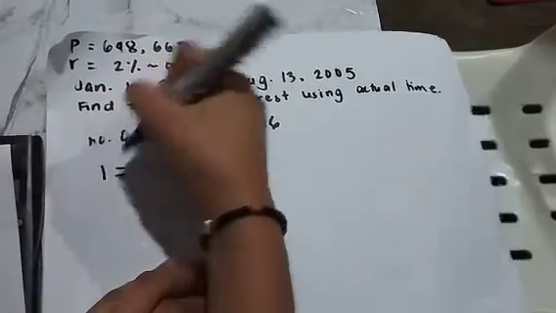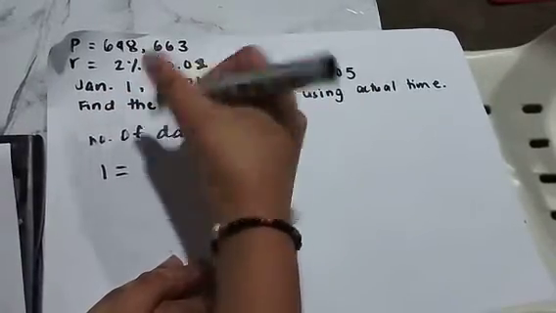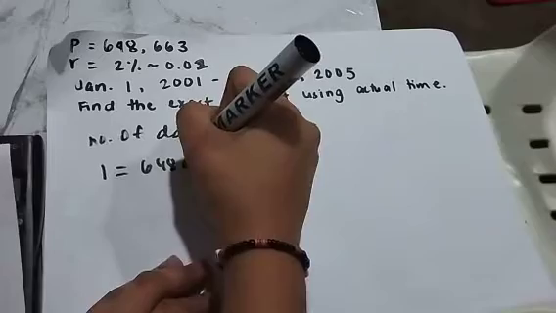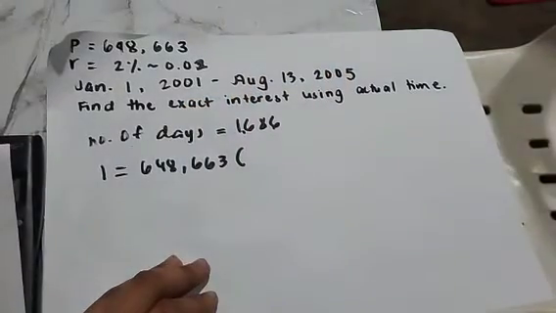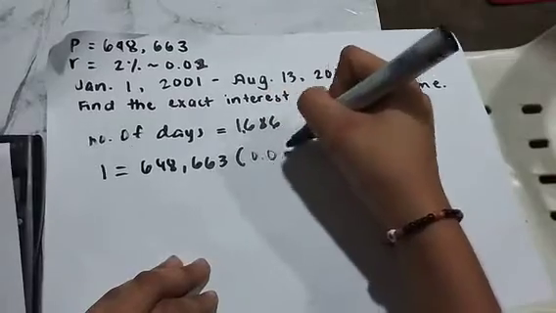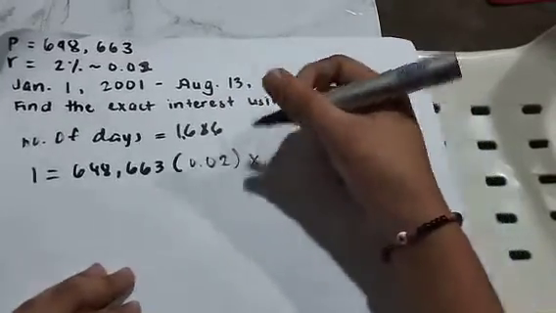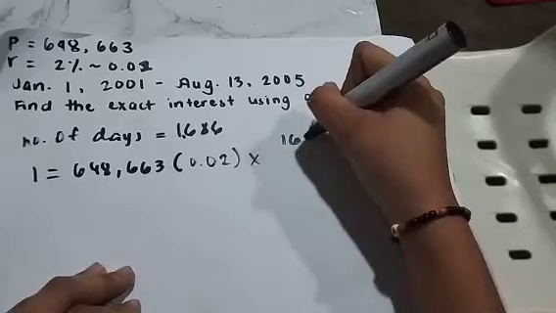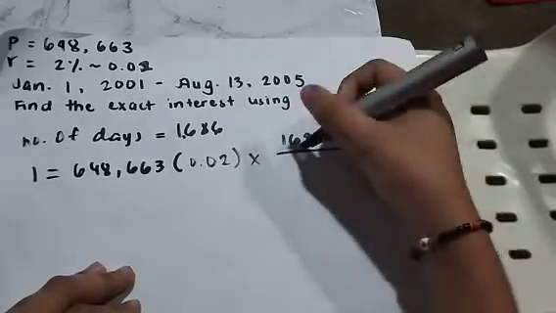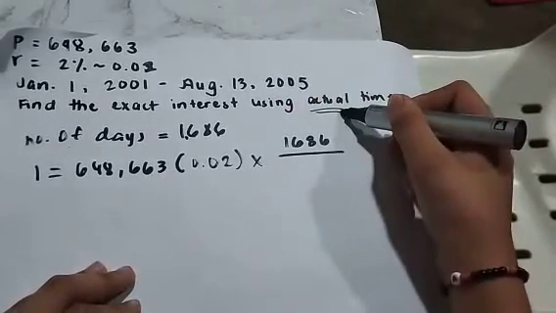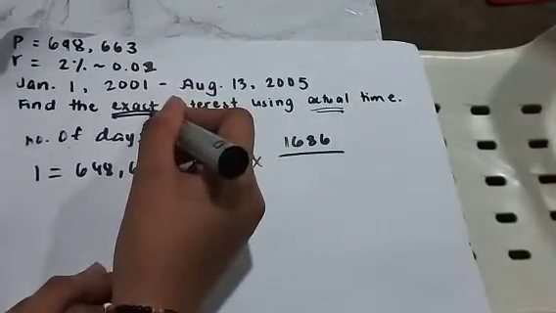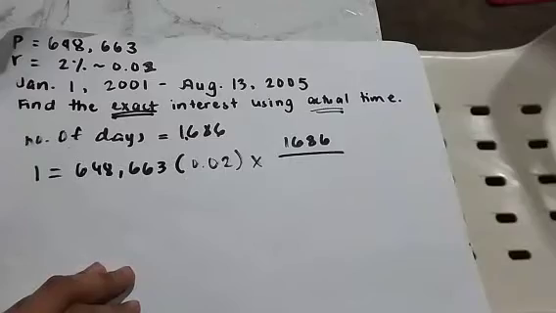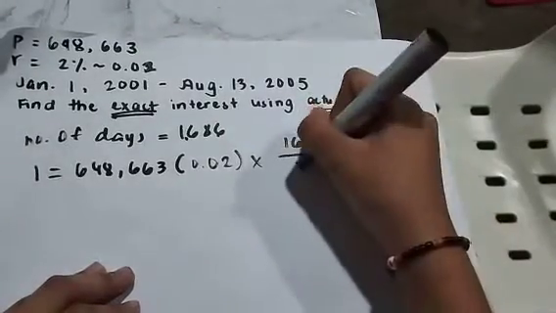So, I, principal muna times sa rate, which is 0.02 times sa number of days over actual time to exact interest. So sa exact interest, we have 365.